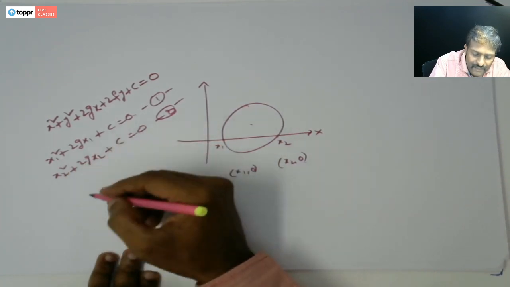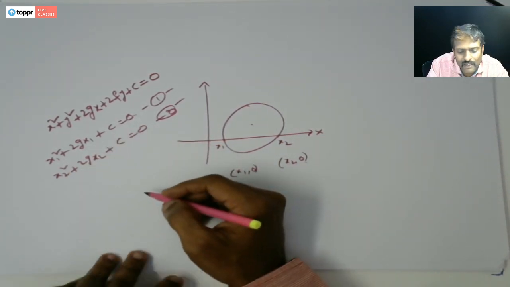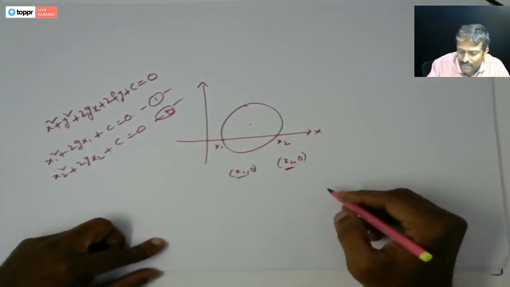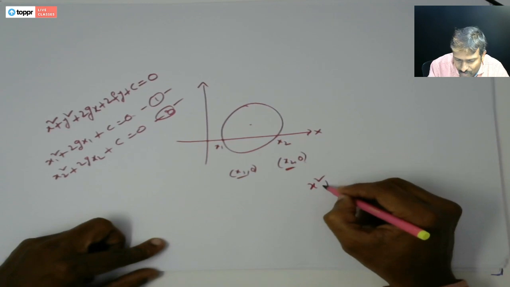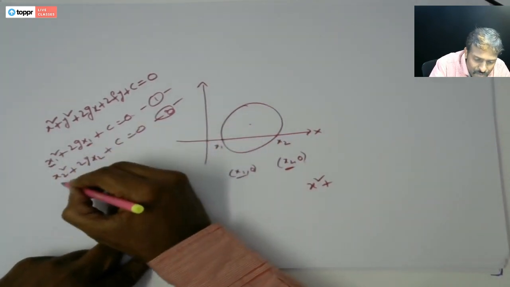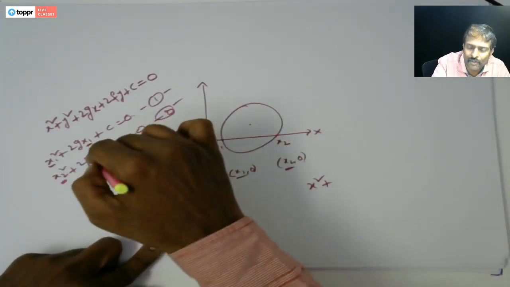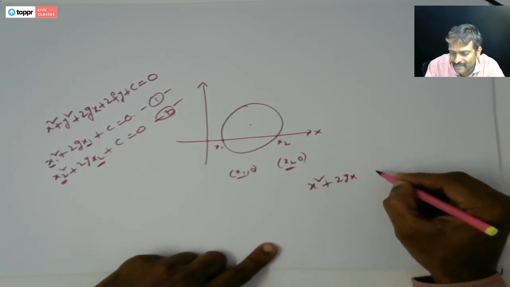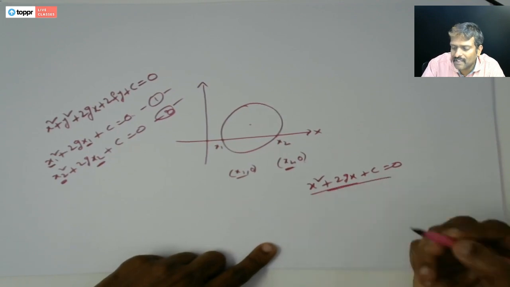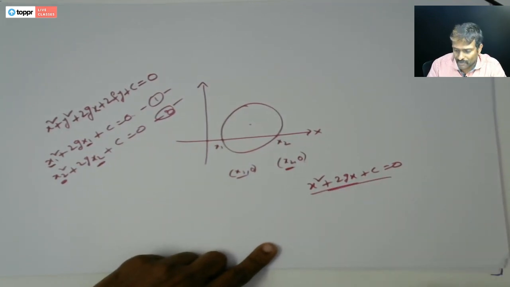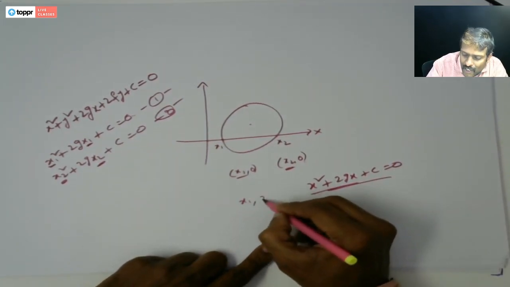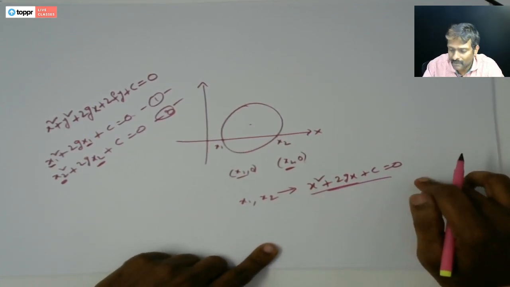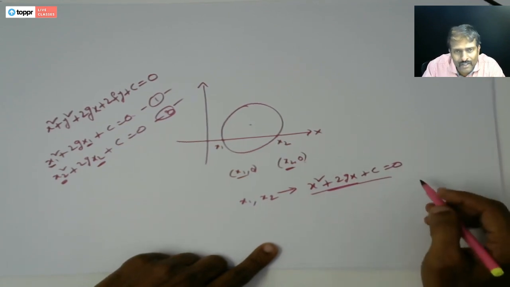These two are the roots of my equation, right? These are the roots I substituted in the quadratic equation. Now what is the quadratic equation? x square plus 2gx plus c is equal to 0 is the general form of the quadratic equation, and x1 comma x2, these two are the roots of this equation. Correct. Now the sum of the roots of a quadratic equation is what?